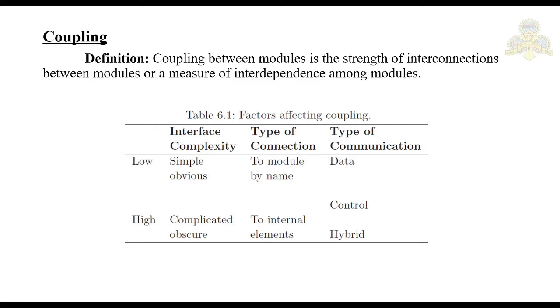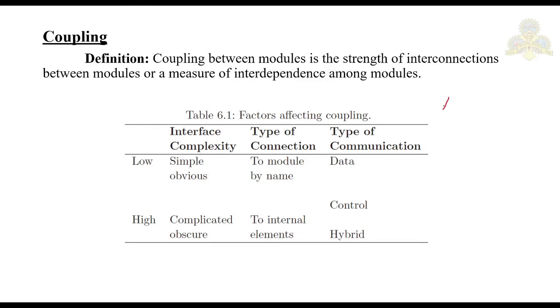Coupling occurs whenever we have a minimum of two modules and a strength of interconnection between them. If we have more connections or strength between the modules, we say they are more dependent on each other. If the connections are fewer and simpler, it is easier to understand a module without knowing the other module.